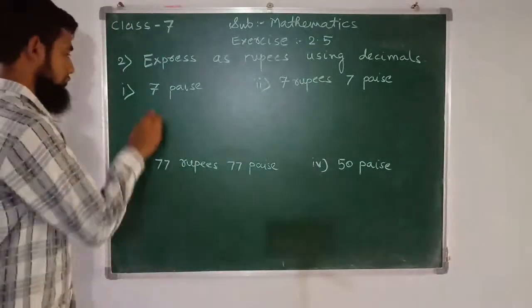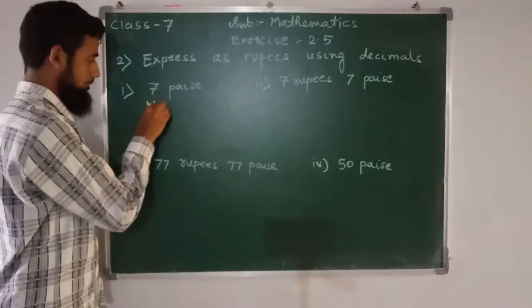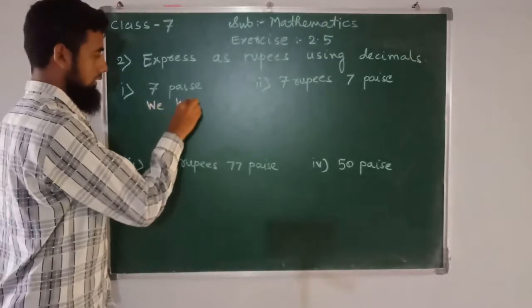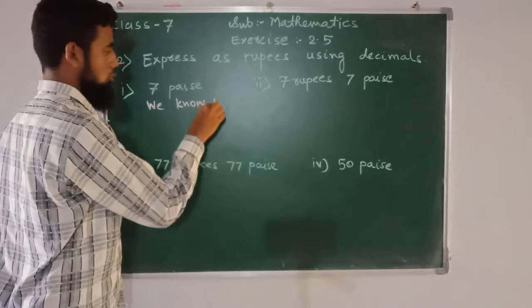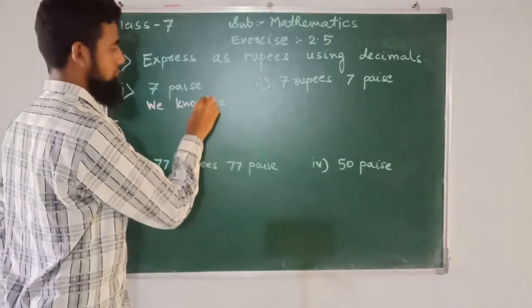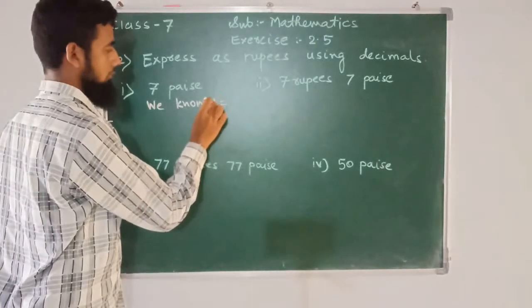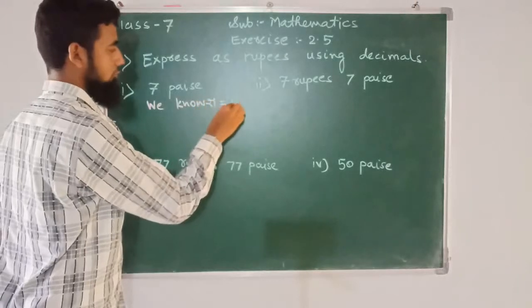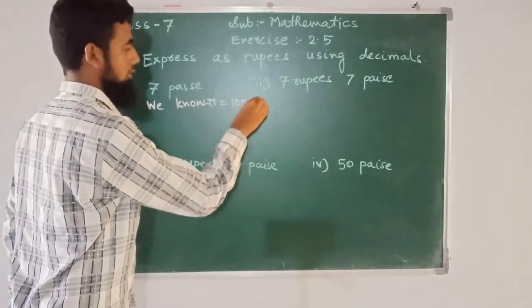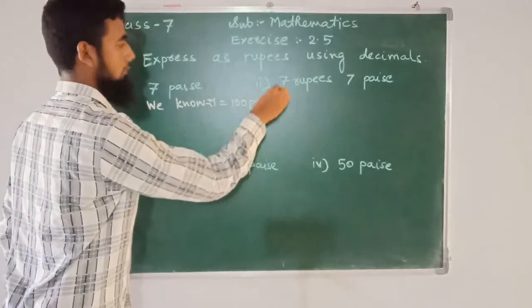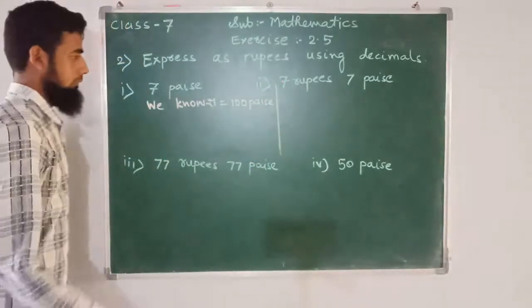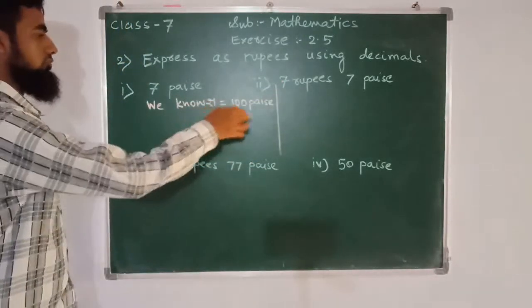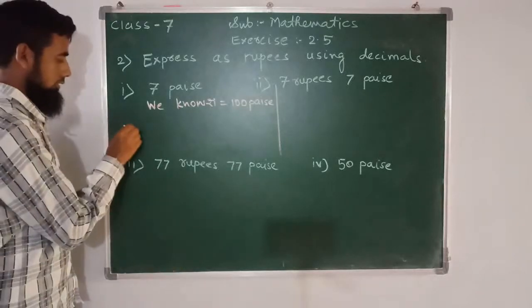So here you know very well, we know 1 rupees is equal to 100 paisa. Okay, we know rupees 1 is equal to 100 paisa.